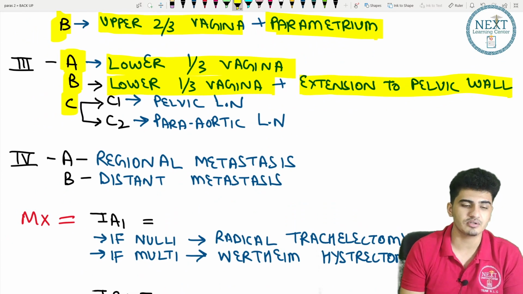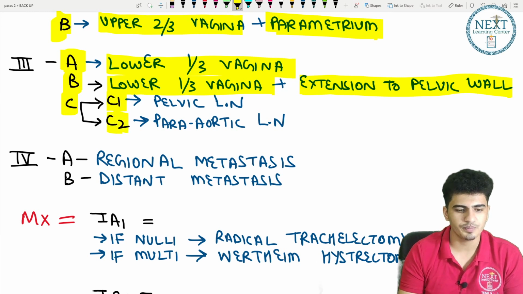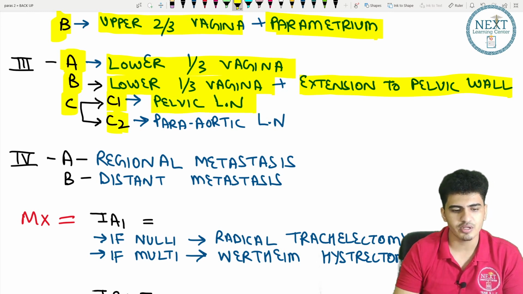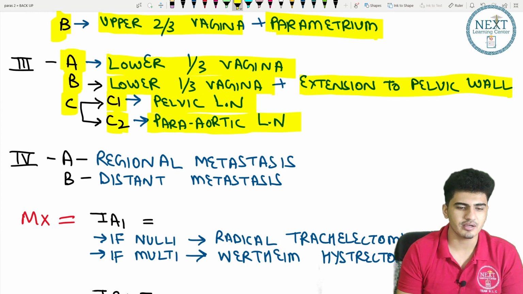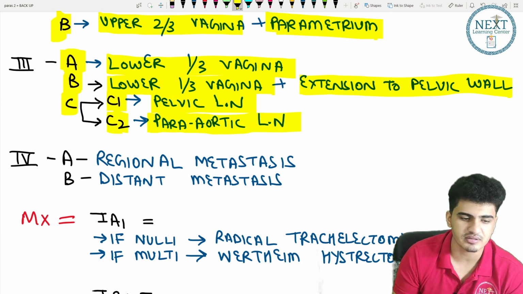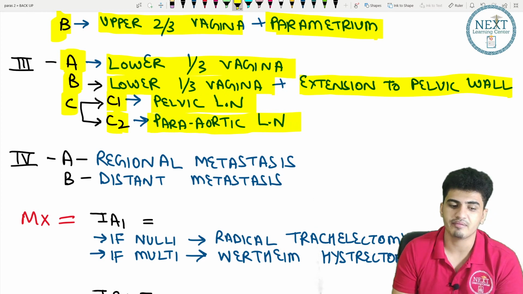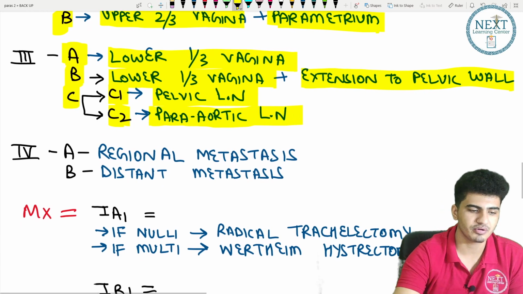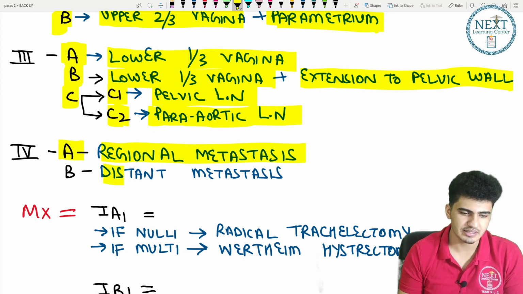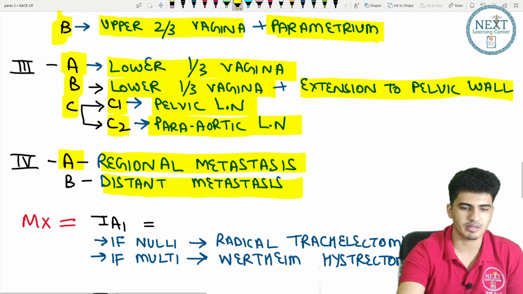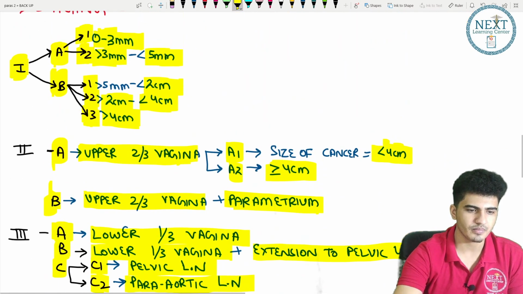C is further divided into two parts: C1 is pelvic lymph node and C2 is para-aortic lymph node. In endometrial cancer also, C1 and C2 are pelvic and para-aortic lymph nodes. Remember 4A is regional metastasis, 4B is distant metastasis.